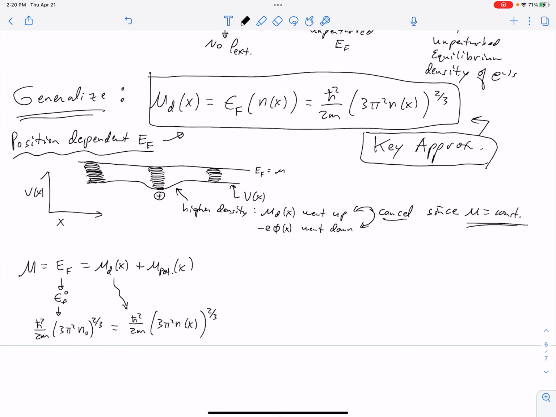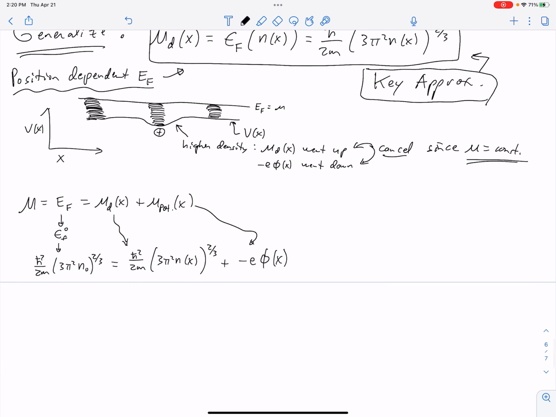But then I can add on the other part, which is plus minus e phi of x. And that's my equation. All of that work I just did was to get this equation. So this is the important equation. And this important equation is just saying that mu equals constant. That's the whole point. But there are things changing, and so this is how they all relate to each other.